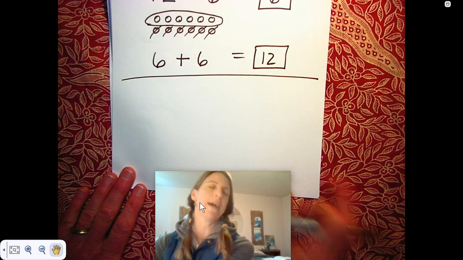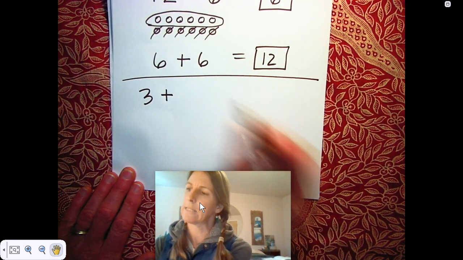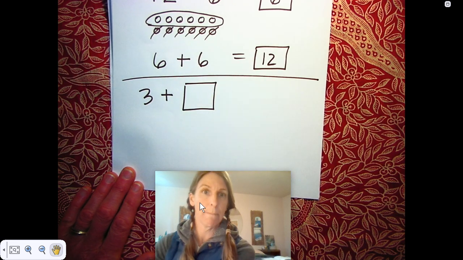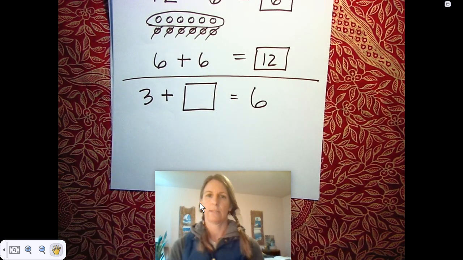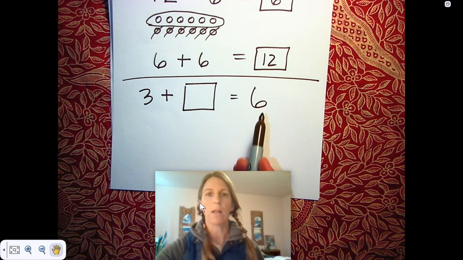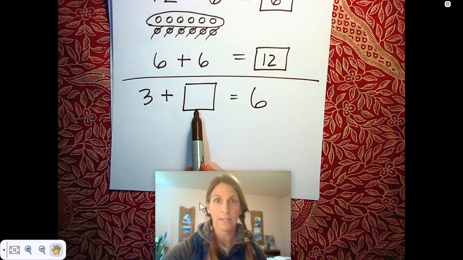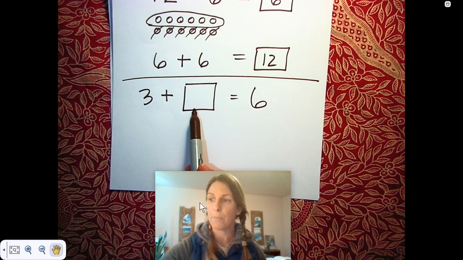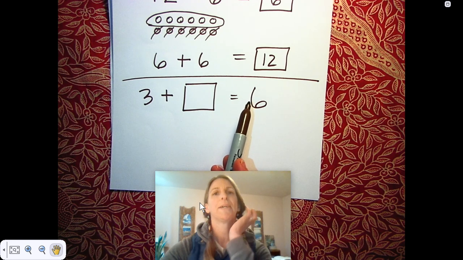Let's try 3 plus some missing number equals 6. So we're not looking for the answer to the equation. We're looking for this number right here. Some number added to 3 will equal 6.